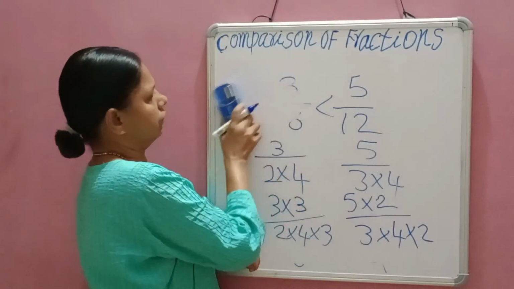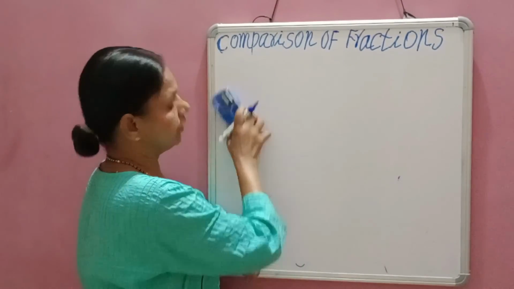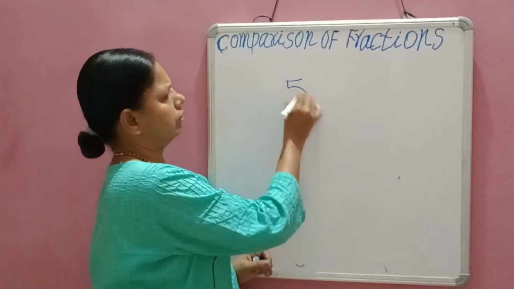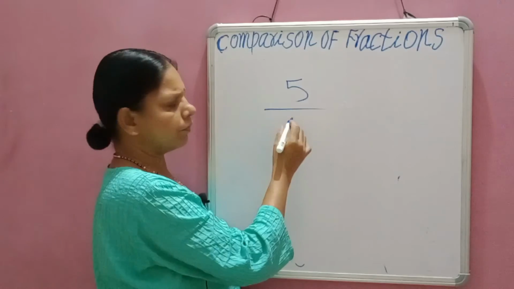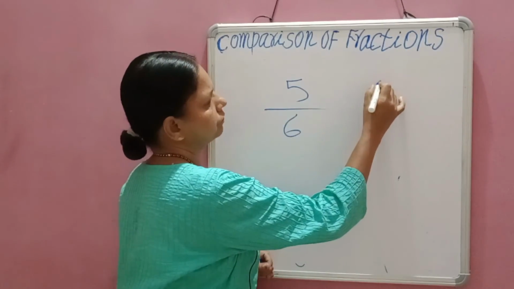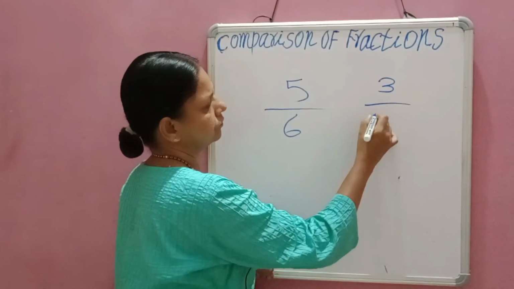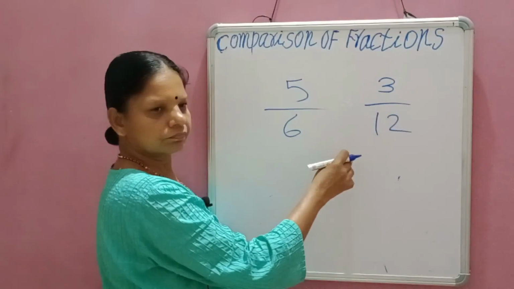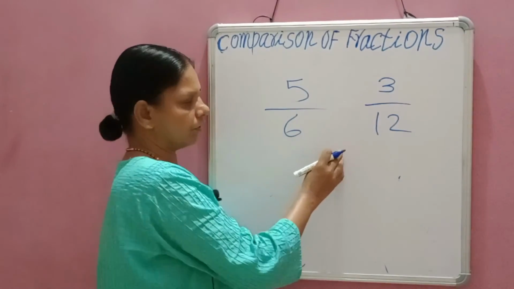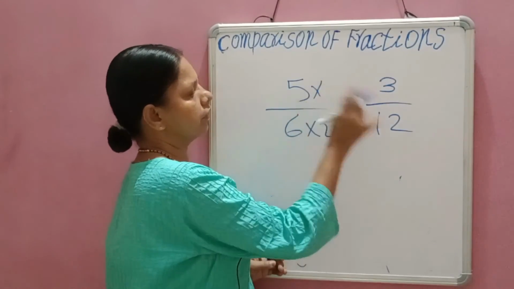Now, if one denominator is completely divisible by the other, it is very easy to compare. 5 upon 6 and 3 upon 12. It is very easy to equalize the denominator. Here you have to multiply by 2. Here nothing needs to be done.